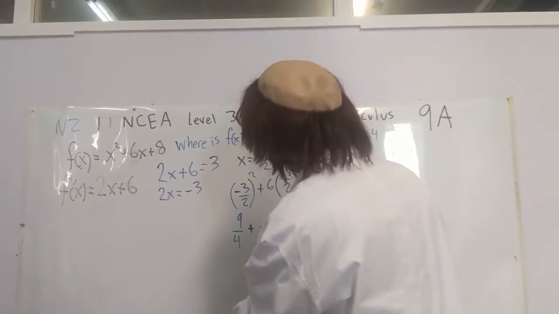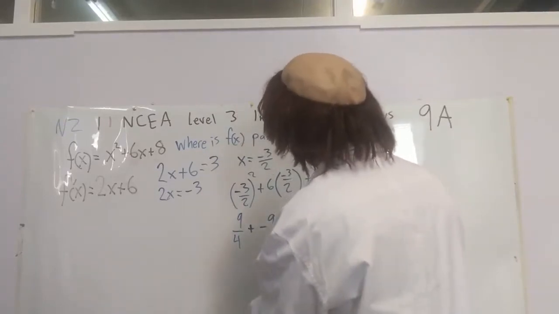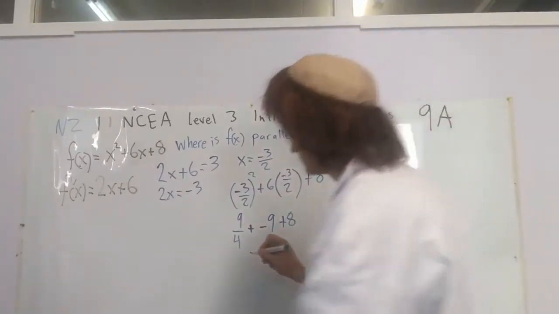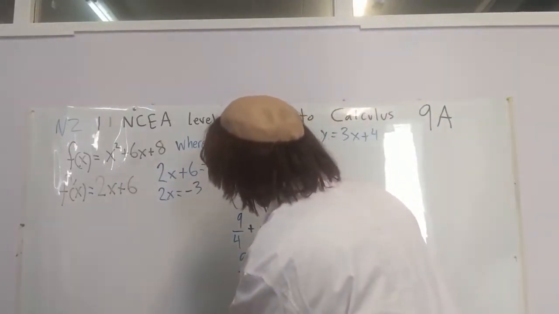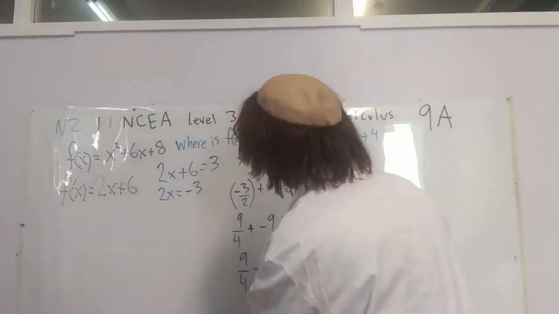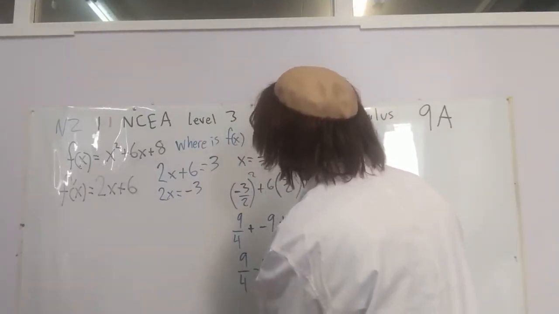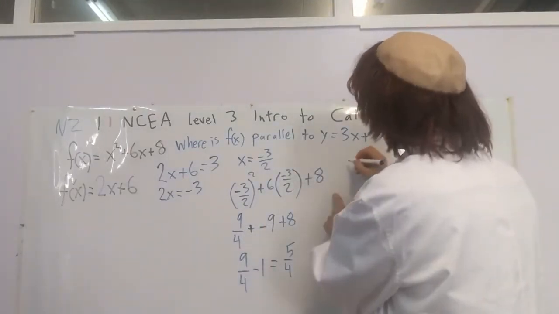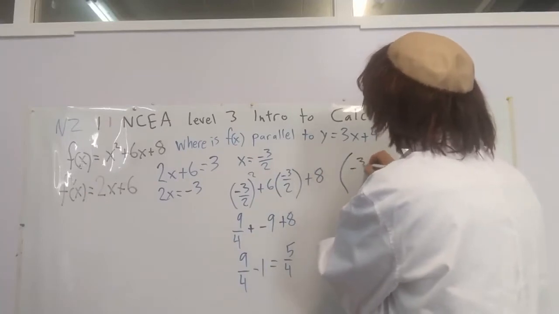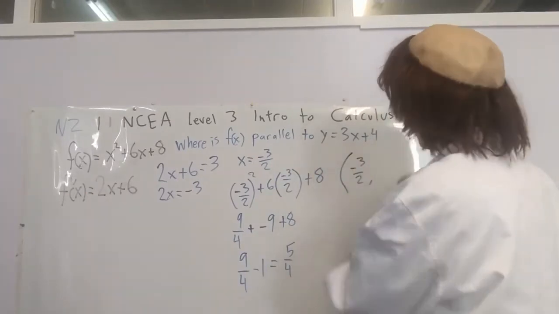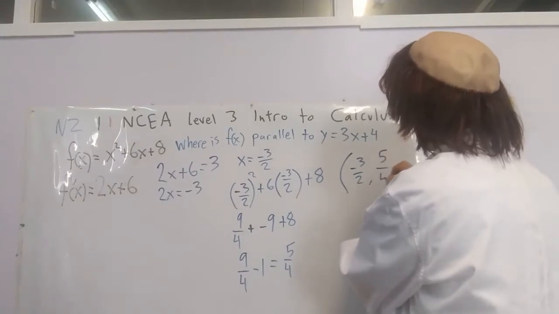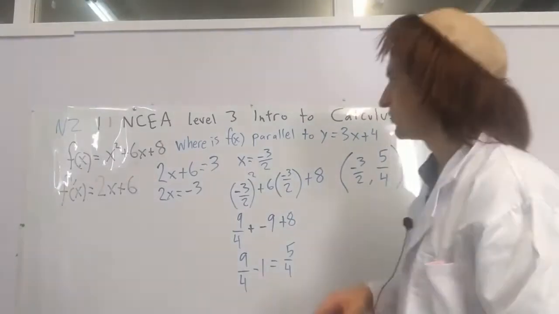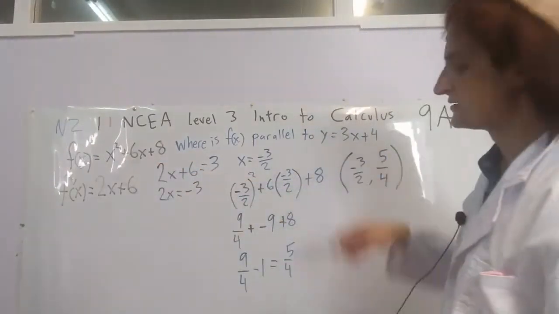That becomes negative 9 plus 8. These two can combine into negative 1. So you have 9 over 4 minus 1 equals 5 over 4. So we know the point is negative 3 over 2 and 5 over 4. That is the point at which this is parallel to this.